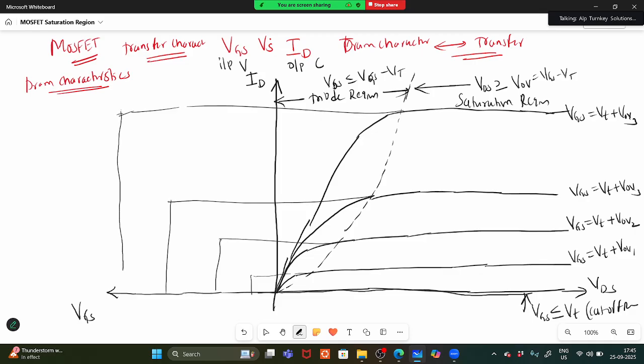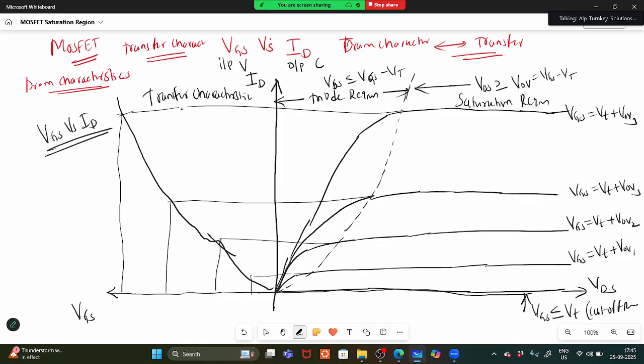If you draw the curve combining these points, which curve will you get? Transfer characteristics. What are transfer characteristics? That is nothing but VGS versus ID.